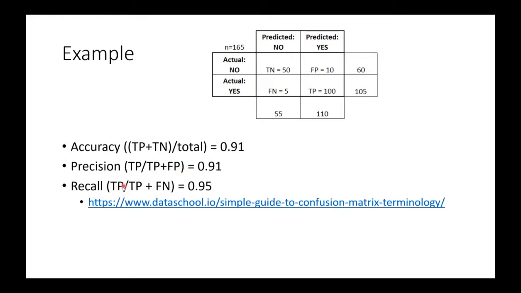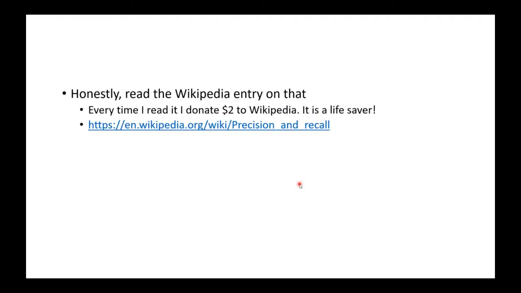Recall is the true positives divided by true positives plus false negatives. Right? Yes. So again, if this is the first time that you've seen this, it may be a little bit confusing. And I do recommend you read the Wikipedia entry on that.